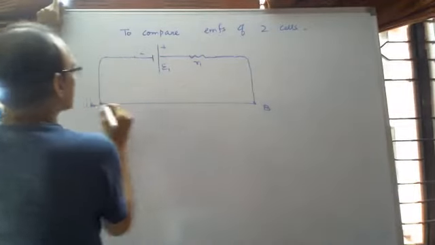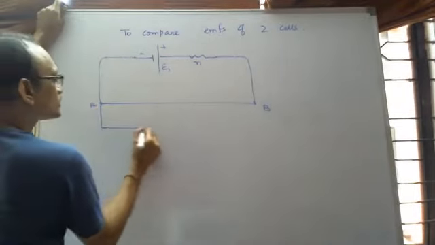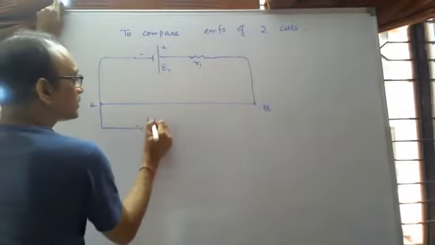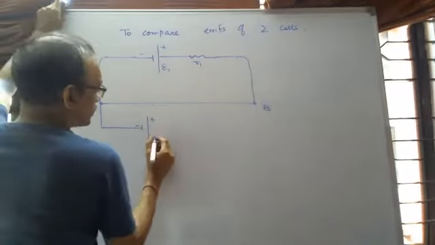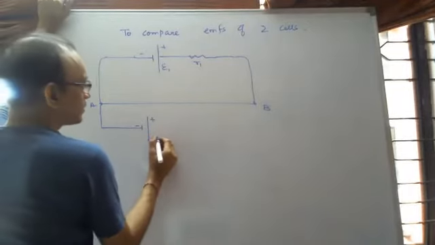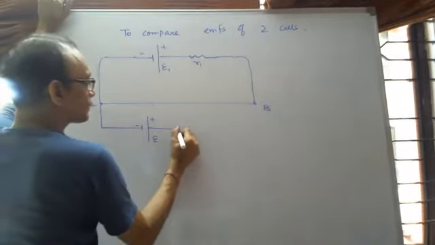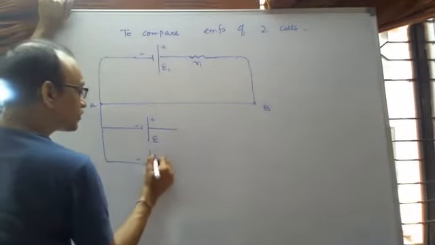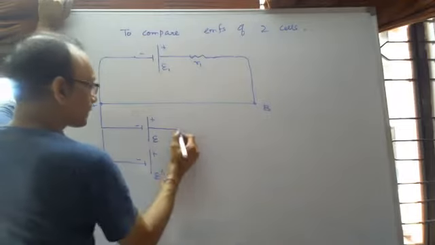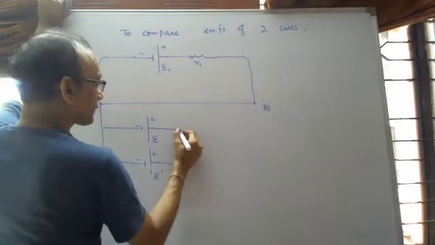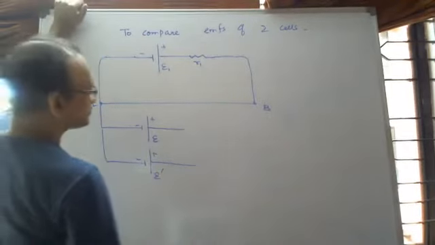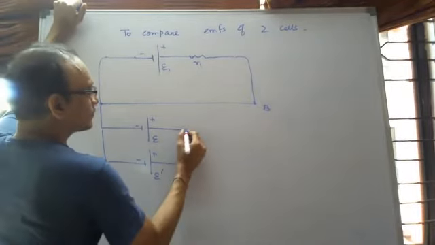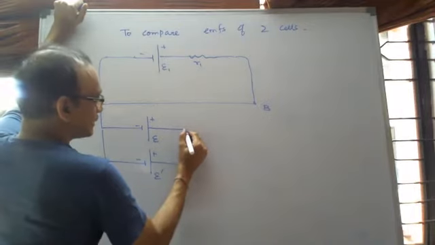K पता है etc. So this is one cell. ध्यान रहे polarities ध्यान रखना, minus plus. So let me call it x. एक और cell है. Call it x prime.